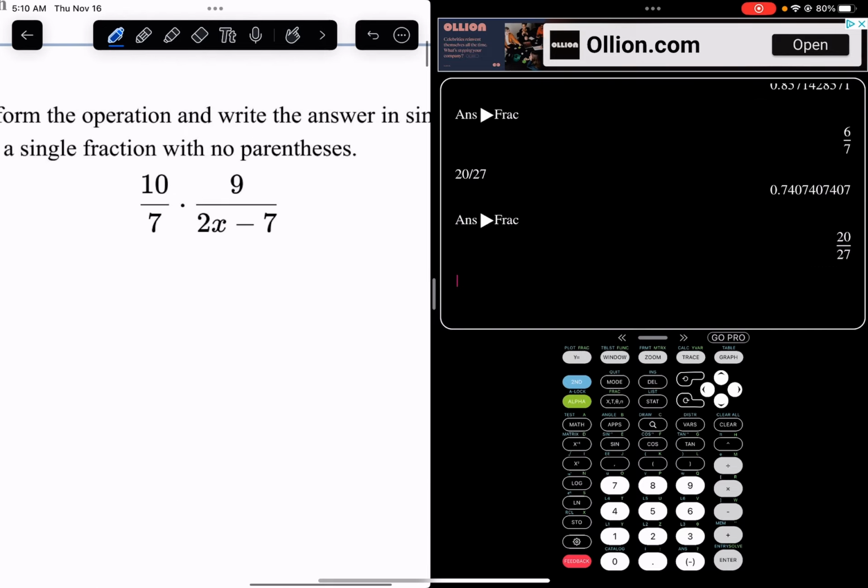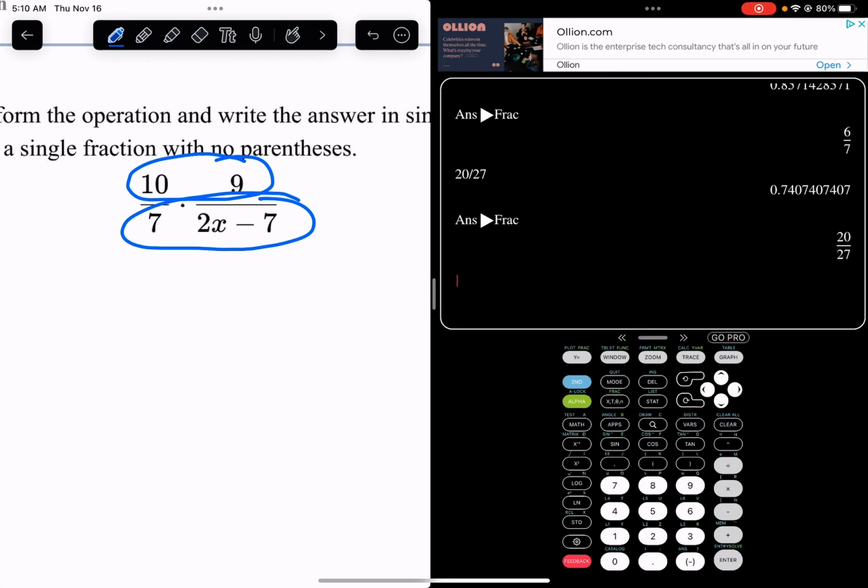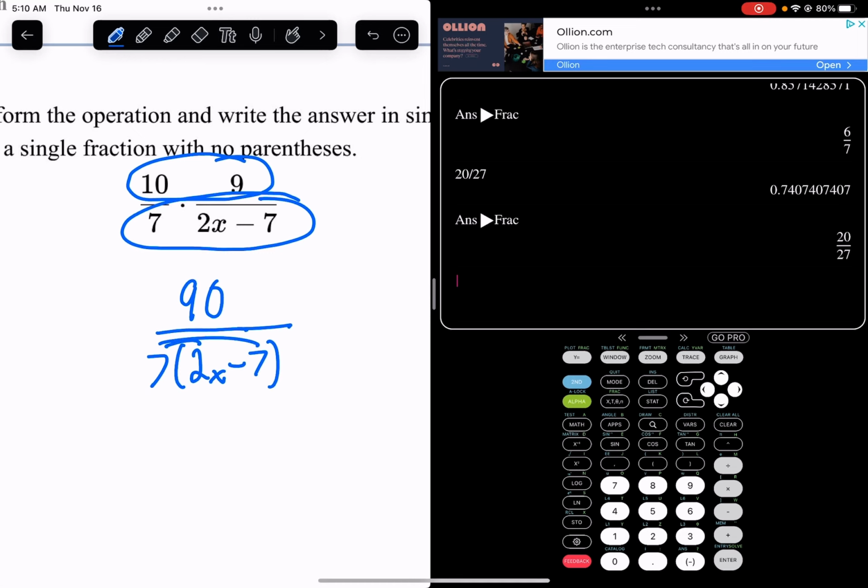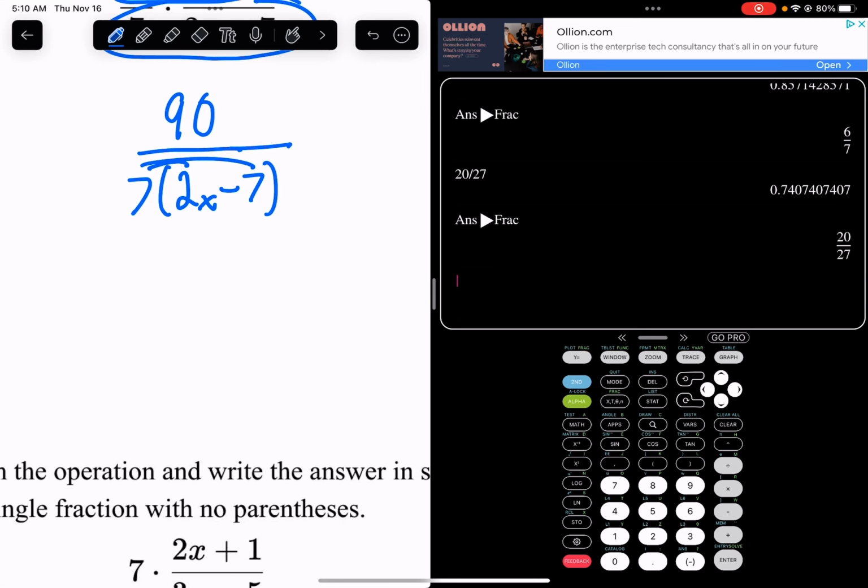All right. Let's try this one. So again, we're going to multiply what's on top, multiply what's on bottom. Now, if you notice, what's on bottom has 2 terms, so we have to make sure that we distribute whatever we're trying to multiply. So we end up with 90 all over 7 times 2x minus 7, which we then have to distribute, and we get 90 over 14x minus 49.